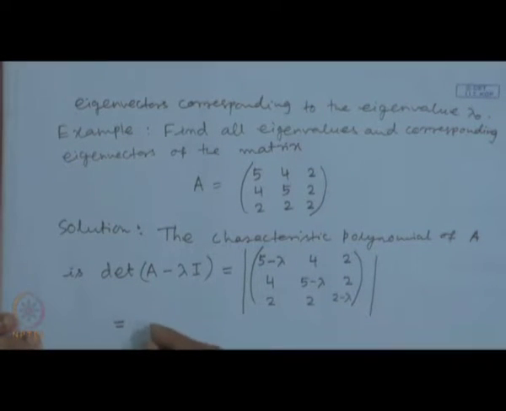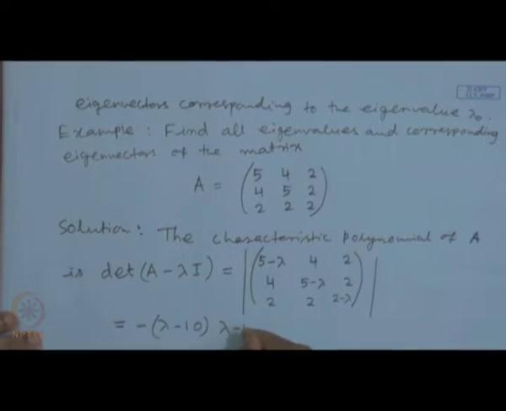After computation, one can find the determinant to be minus (lambda minus 10) times (lambda minus 1) whole square.